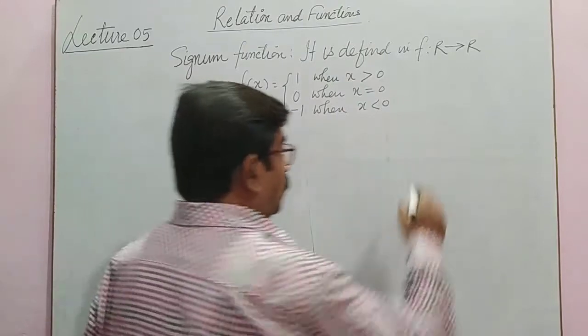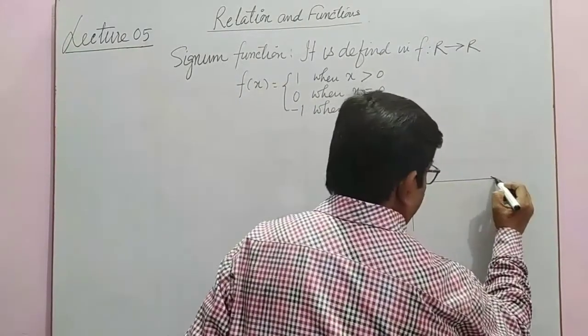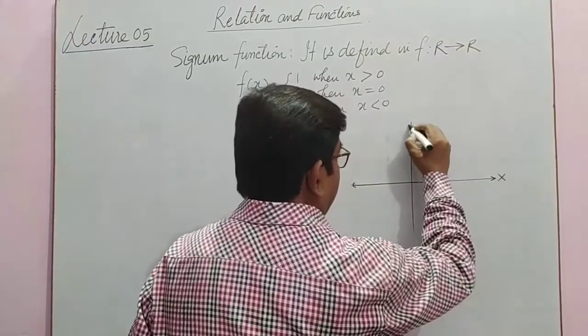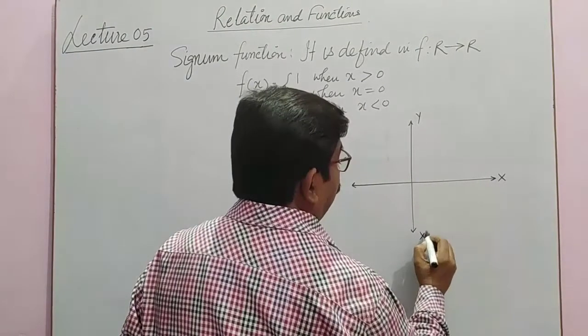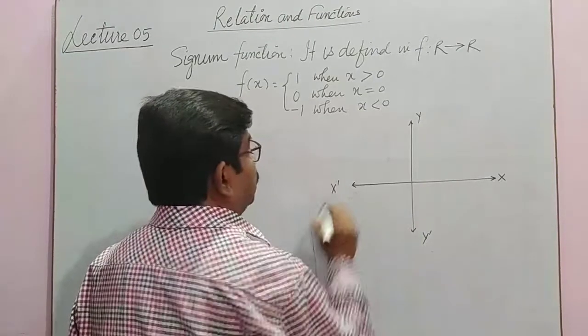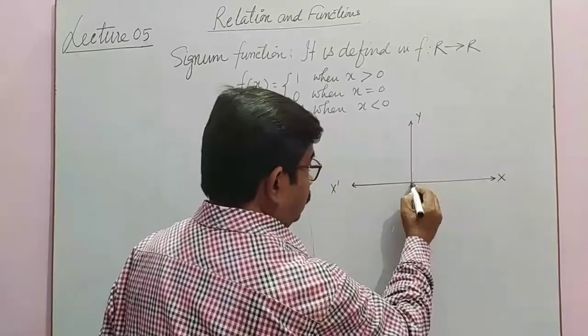So when we plot the graph of this function, this is x and this one is y, this one is y dash, and this one is x dash. See, it is the origin 0.